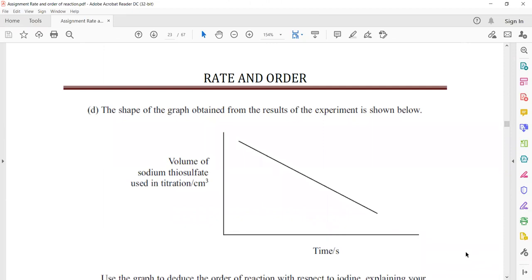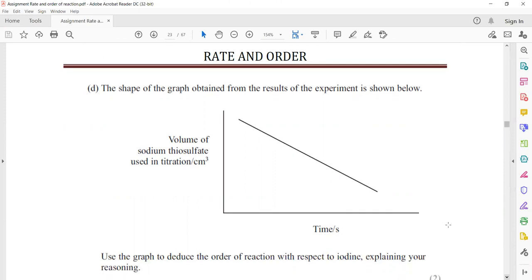Then the shape of the graph obtained from the result of the experiment is shown below. Volume of thiosulfate. So this is about volume of thiosulfate, but as you can see, because what happened, the sodium thiosulfate is reacting with iodine.